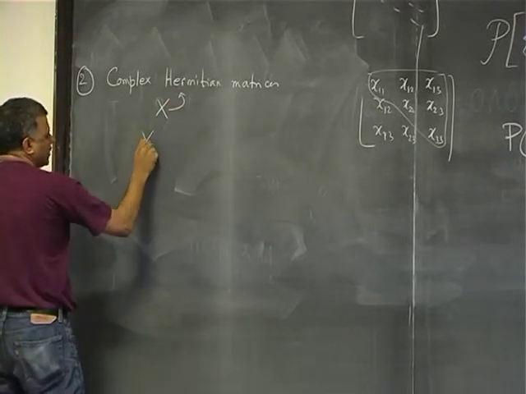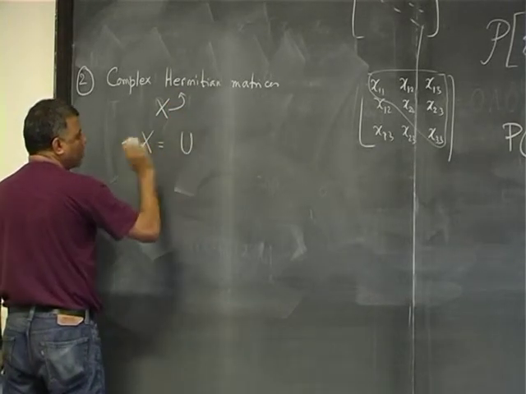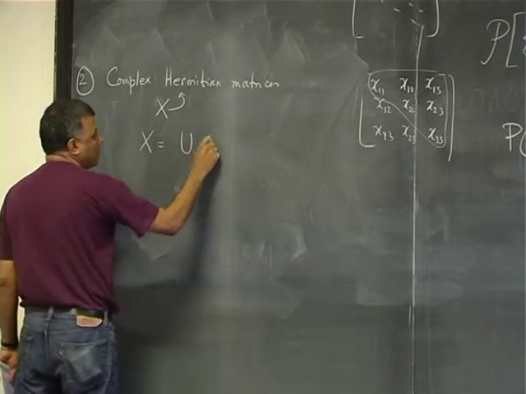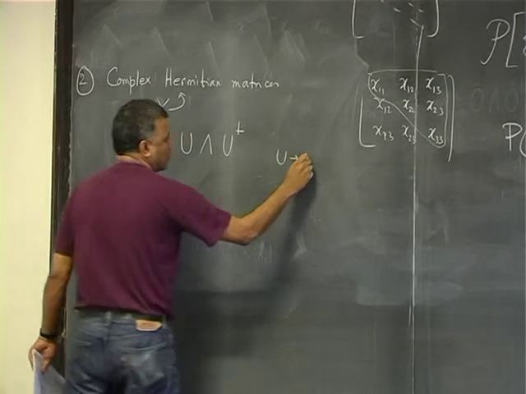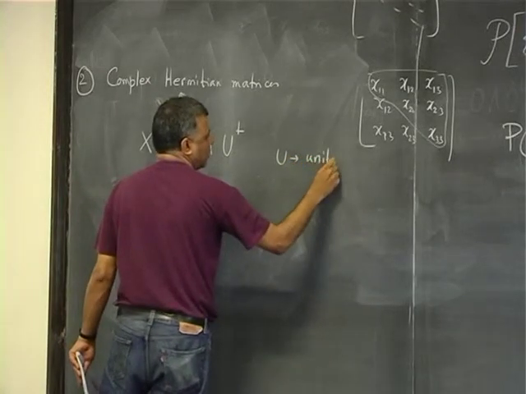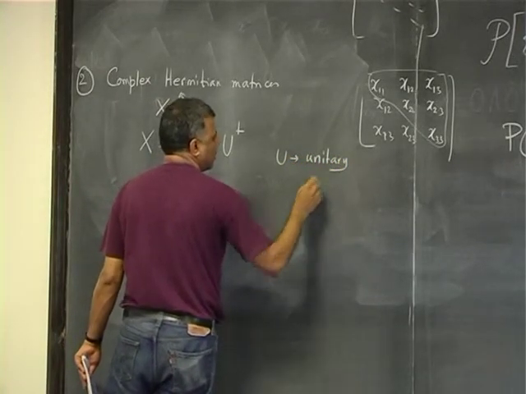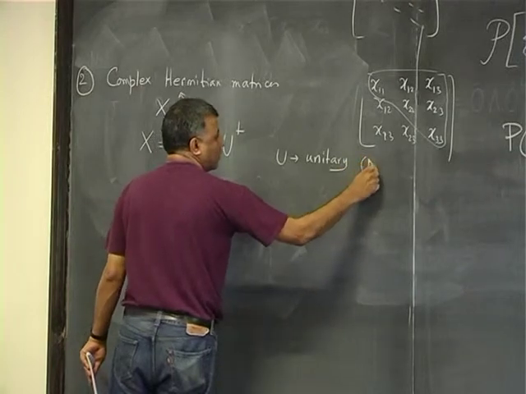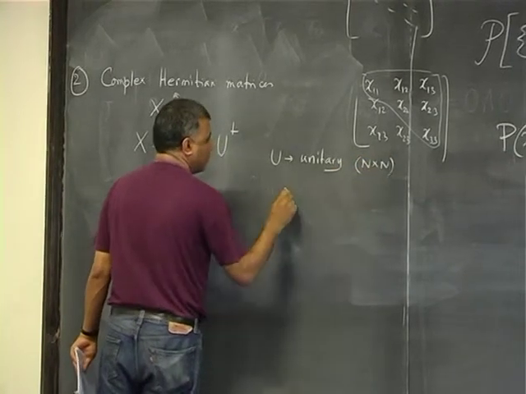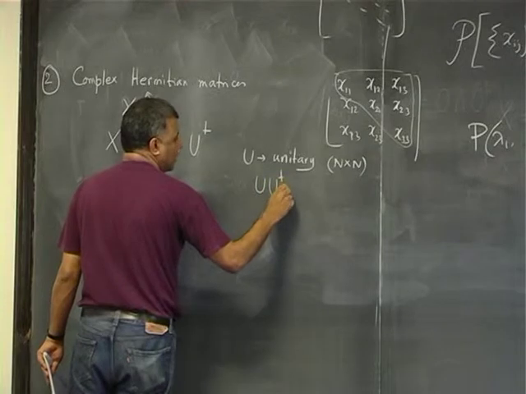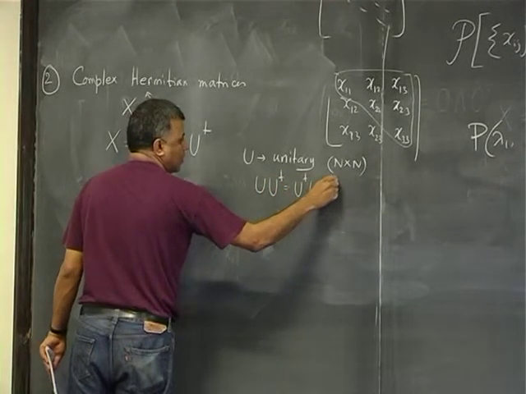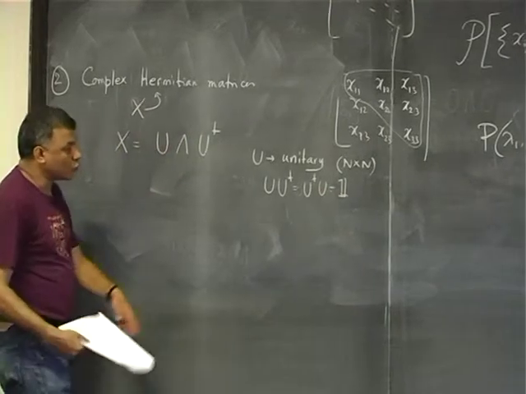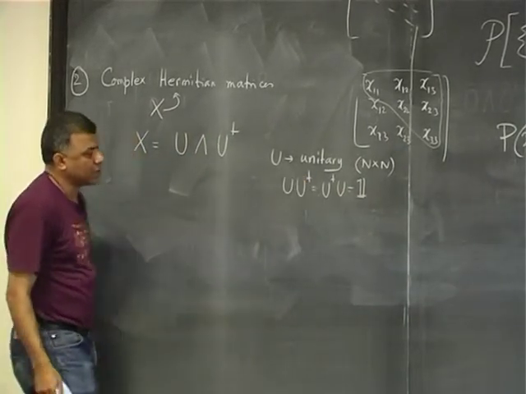I can diagonalize it by a unitary transformation instead of an orthogonal one. Which means U dagger U is the identity matrix. In the case of orthogonal, this was just a transpose, and here it's just a Hermitian conjugate.